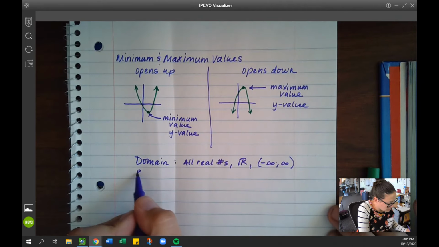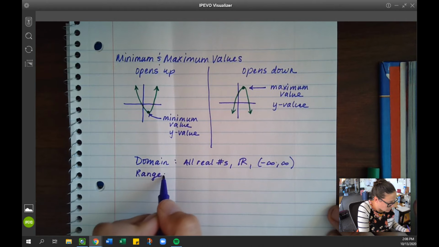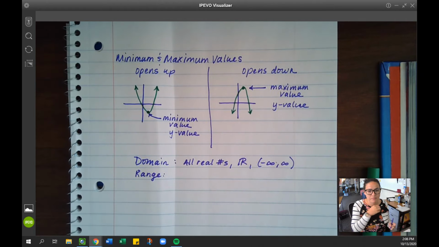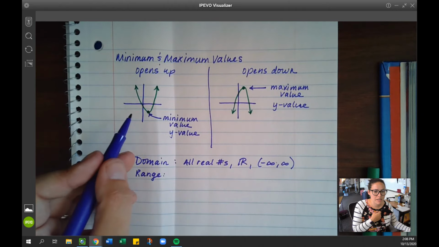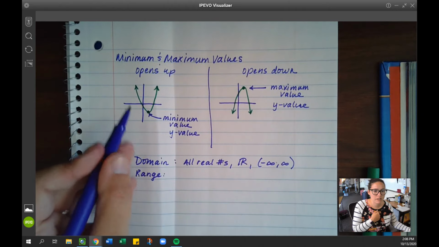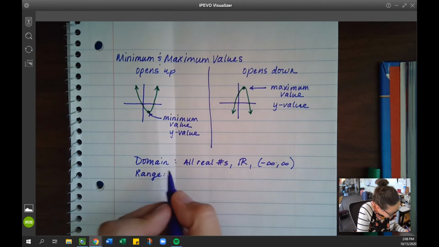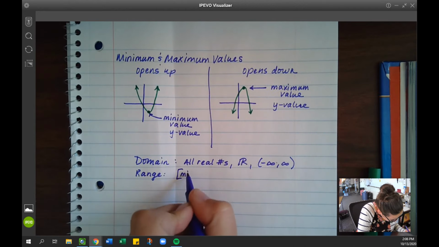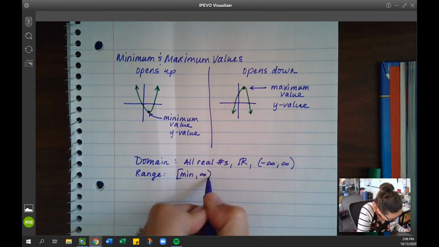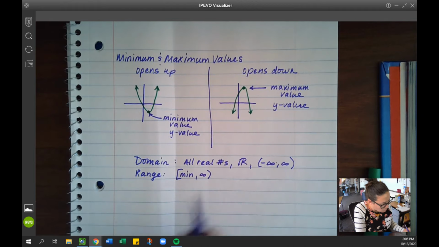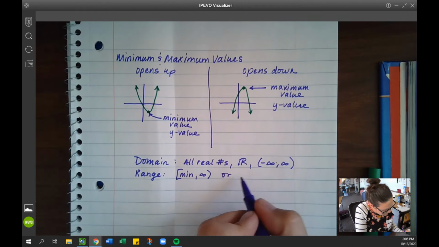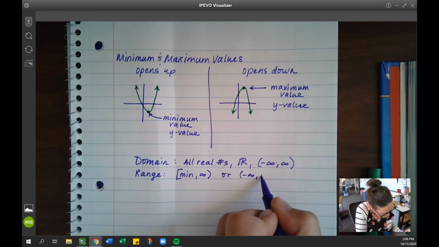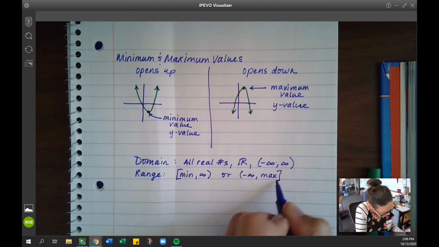The range, remember, is the y values or our up and down movement. So the range is going to be either from the minimum value to infinity if it opens up, or it's going to be negative infinity to the maximum value.